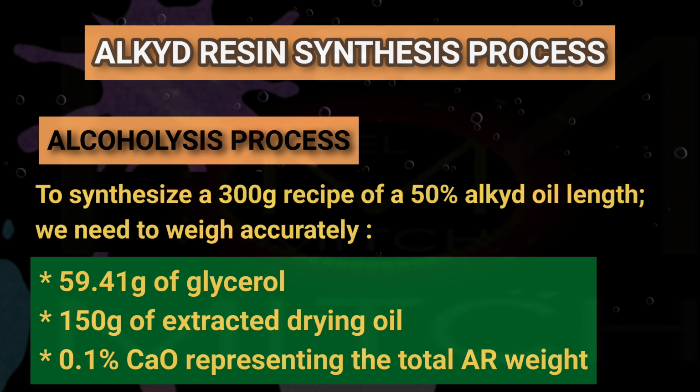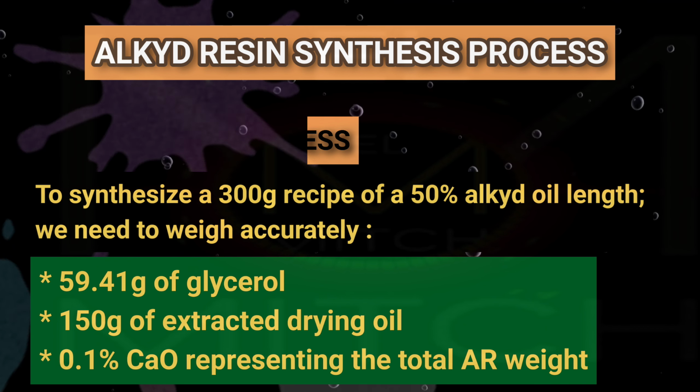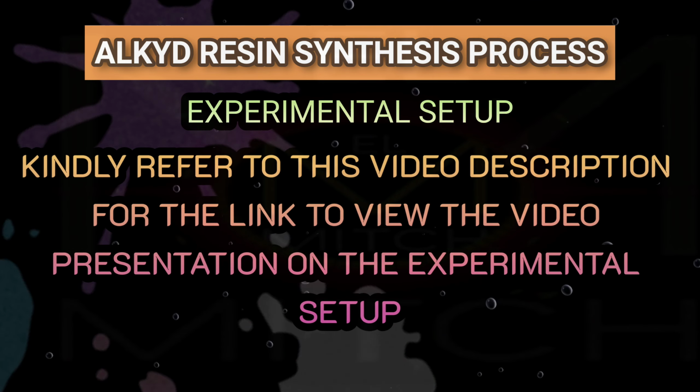Now, 0.3 gram of calcium oxide serves as 0.1% of the catalyst. So for your calculations, when done, you add 0.1% catalyst into the round bottom flask. Then you set up the apparatus as shown like this.